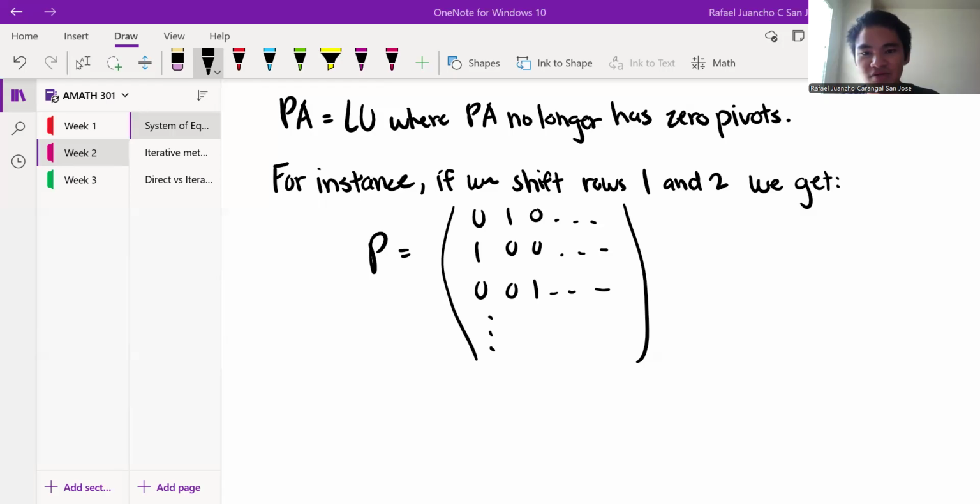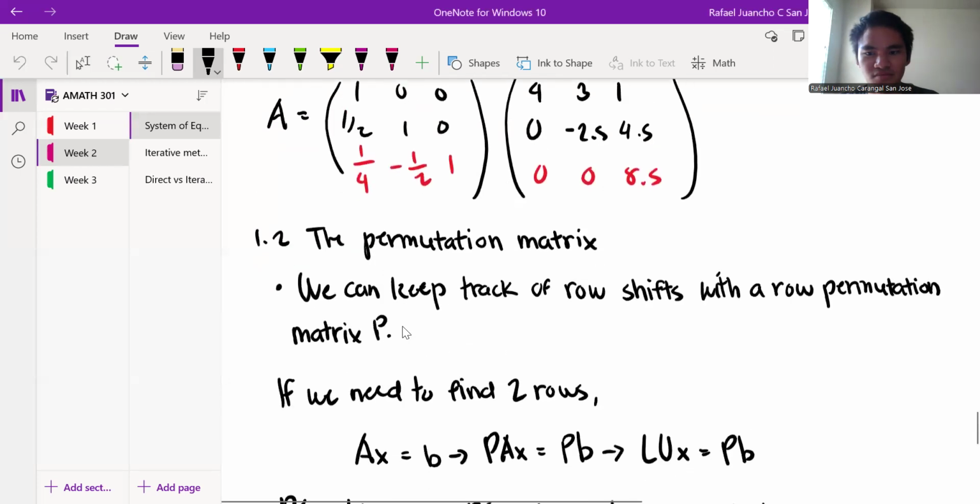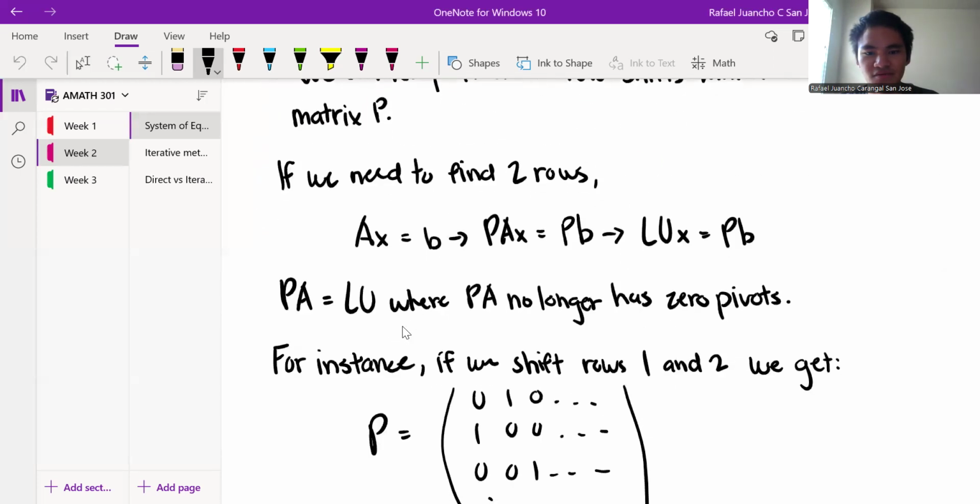Each row swap in the original matrix A corresponds to a row swap in B. So basically, we can keep track of the row shifts.